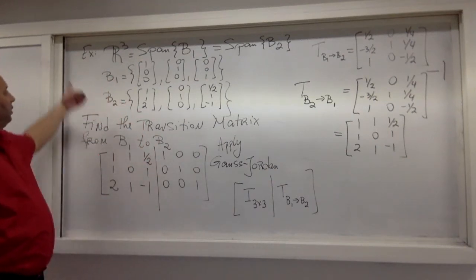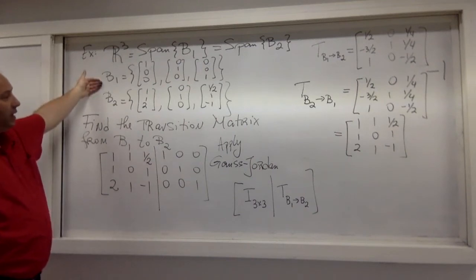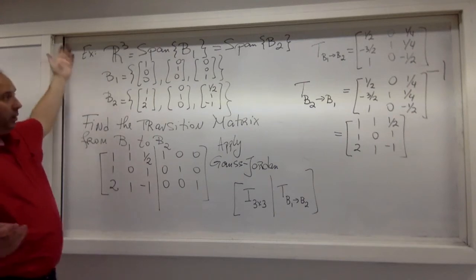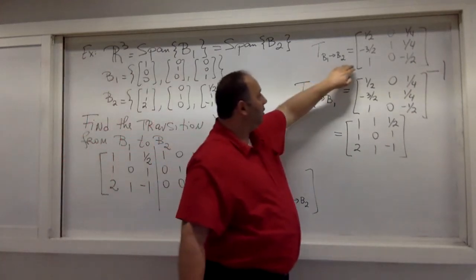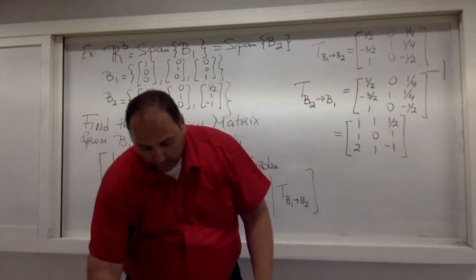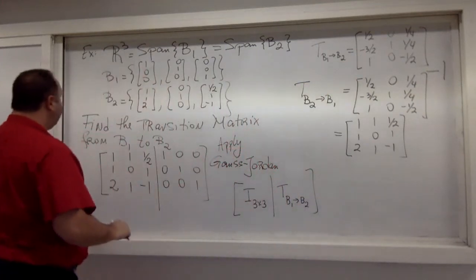So now if I give you coordinates of a guy in basis B1, and I ask you what are the coordinates of the same guy in basis B2, not a big deal. You multiply the coordinates by this matrix and you get it. So let's say we do just that.